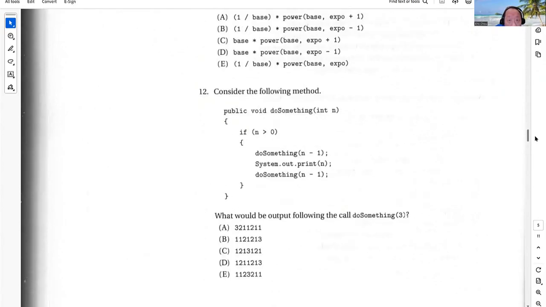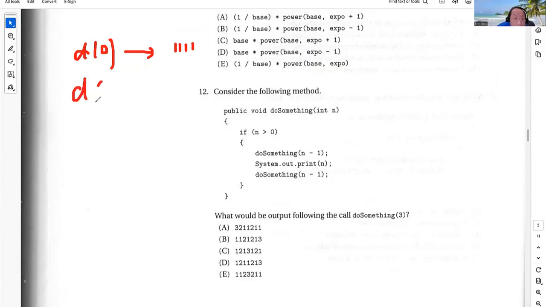I'm a little bit out of order now. Let me have Benjamin answer. N is greater than 0, so what happened with N equals 0? D0 would just not print anything, right?